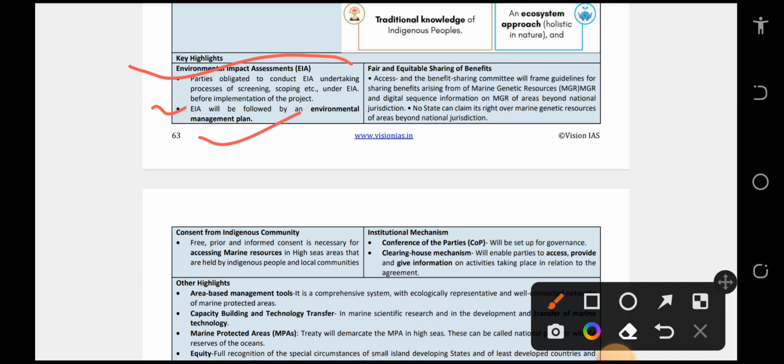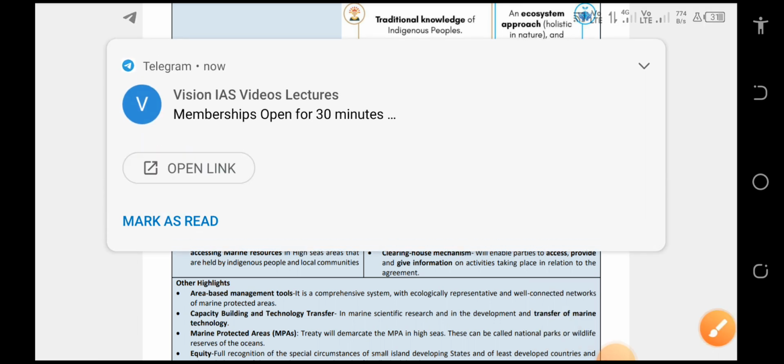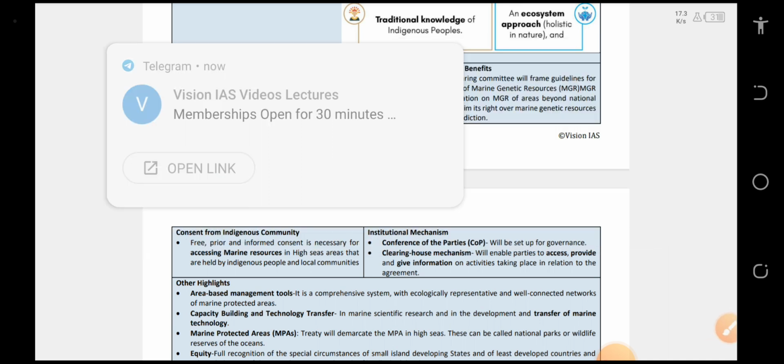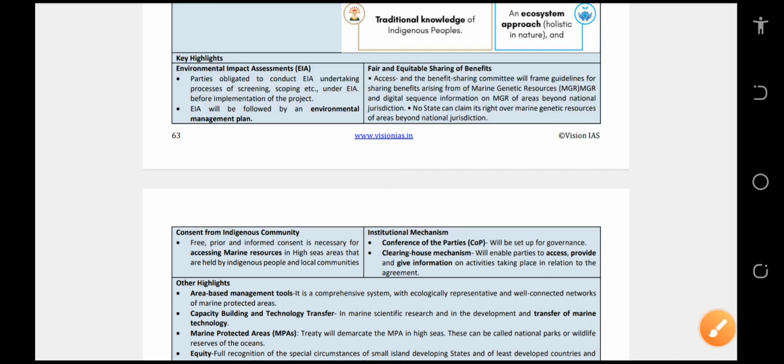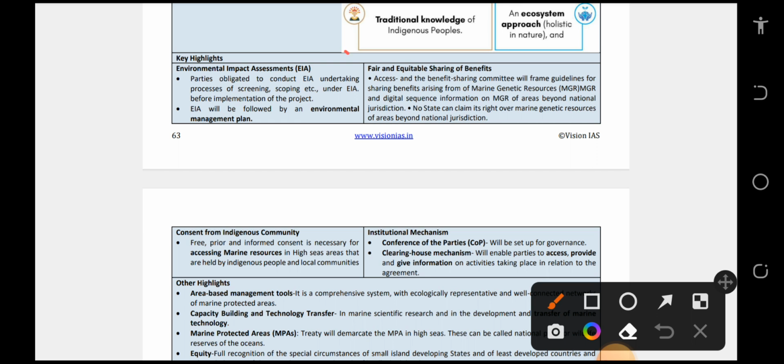Next, the fair and equitable sharing principle, sharing of benefit. What is this? Fair and equitable sharing of the benefit.